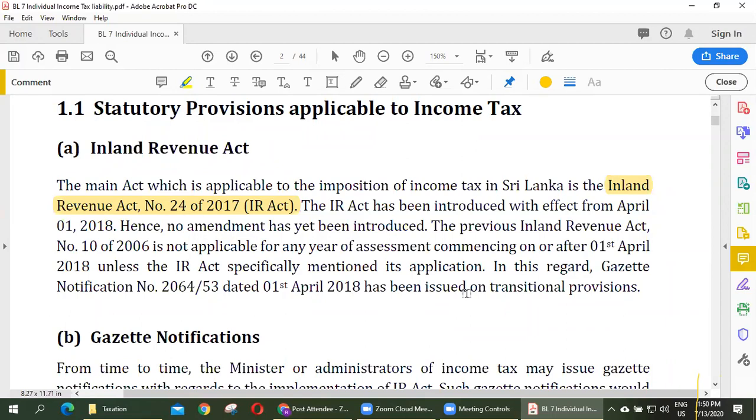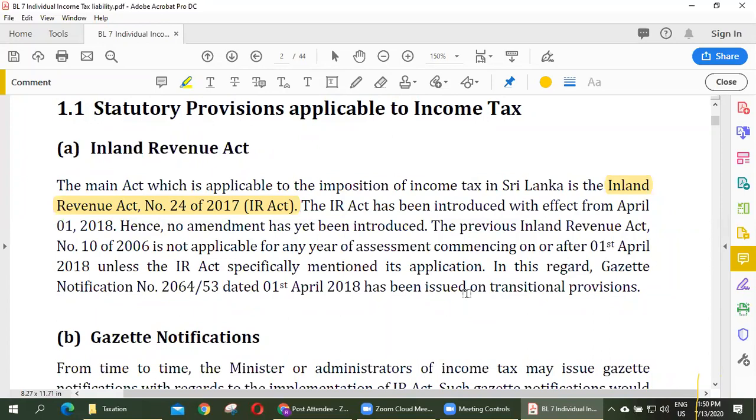So once the new act is introduced, the previous act is void, no more application of that act. In this regard, Gazette notification number 2064/53 dated 1st of April 2018 has been issued on transitional provisions.